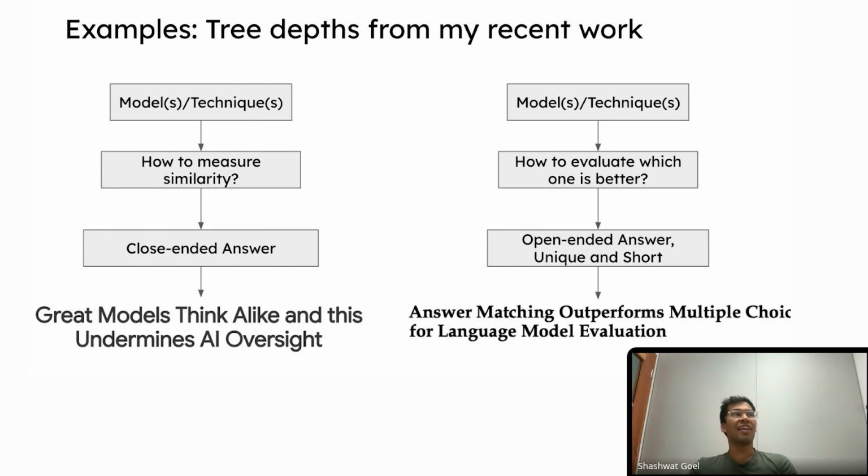So it came from this fundamental place of realizing that MCQs are not a generative evaluation. They measure something more like verification, and people have been talking about how verification is easier than generation. So I guess that was the starting point.